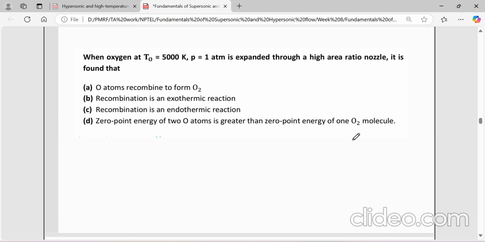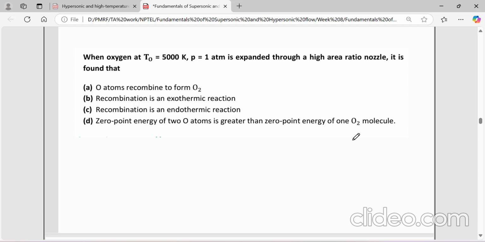Now we'll see the next problem. When oxygen at T0 equal to 5000 Kelvin, P equal to 1 atmosphere is expanded through a high area ratio nozzle, it is found that: option A, O atoms recombine to form O2.